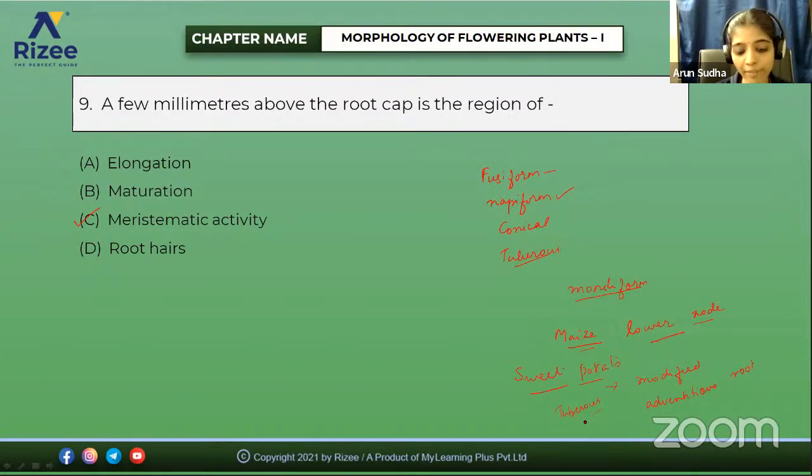Next, roots are differentiated into adventitious roots. On what basis? Option A is by their function, option B is appearance, or the place of origin and position.